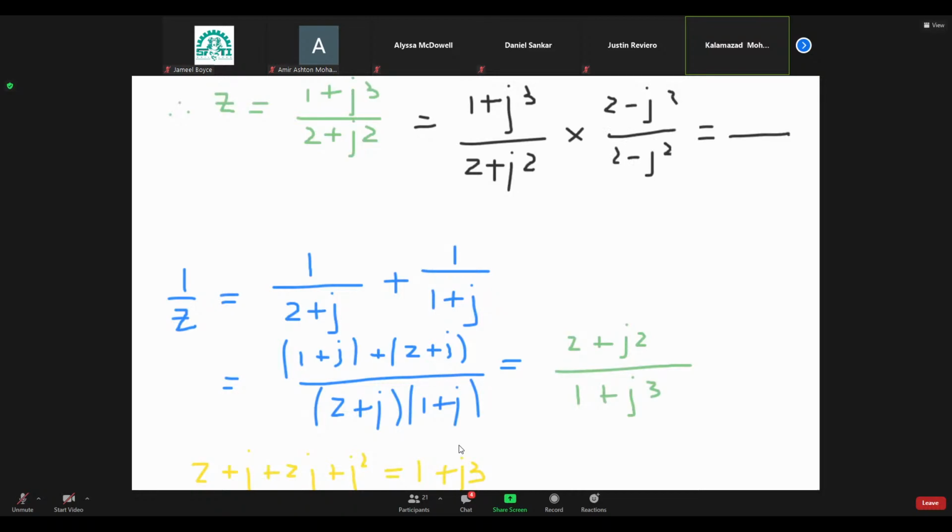All right, so you have 2 squared plus 2 squared, which is 8.